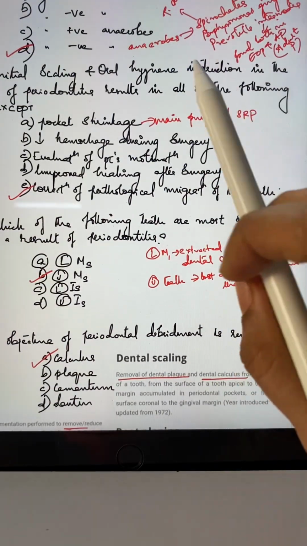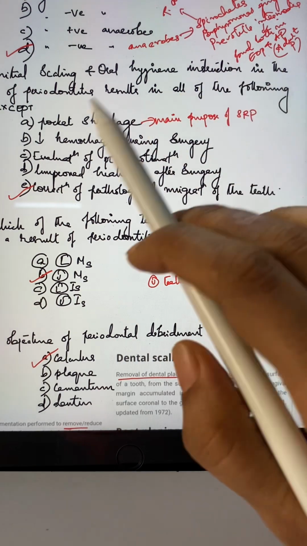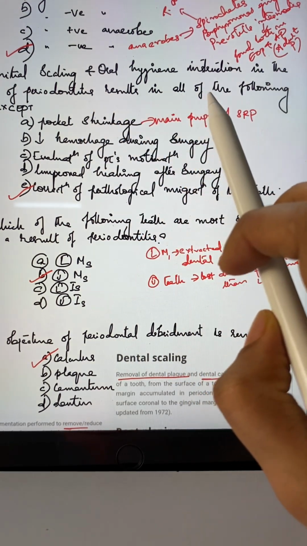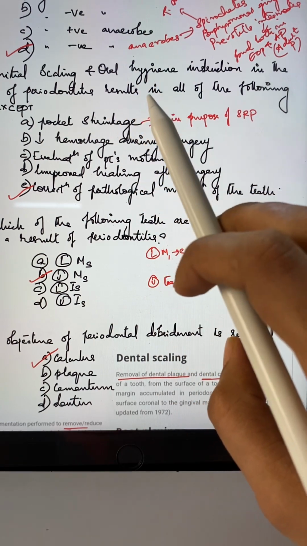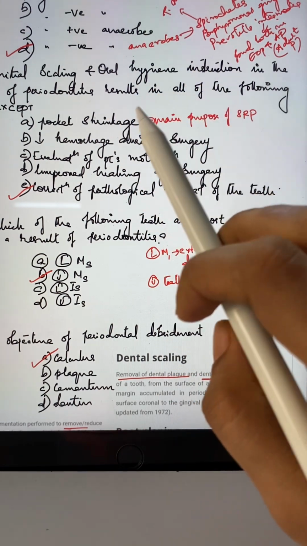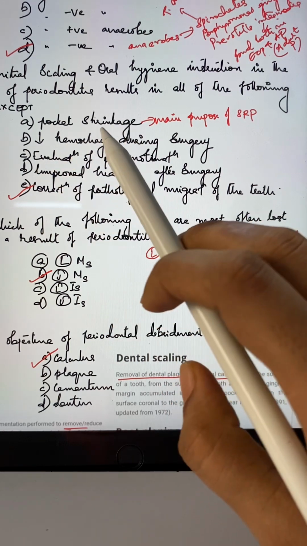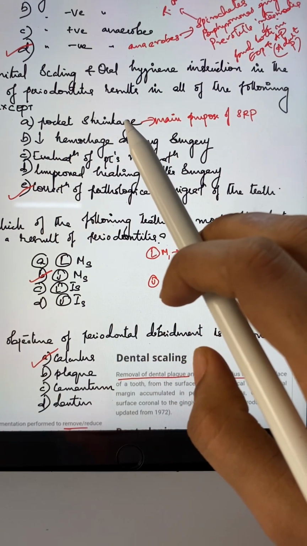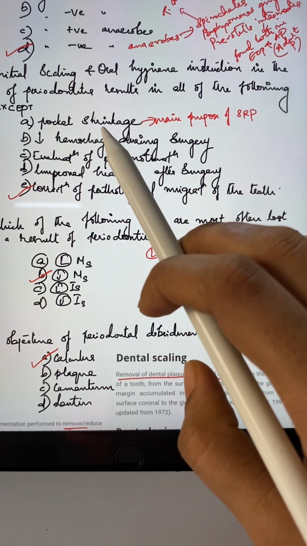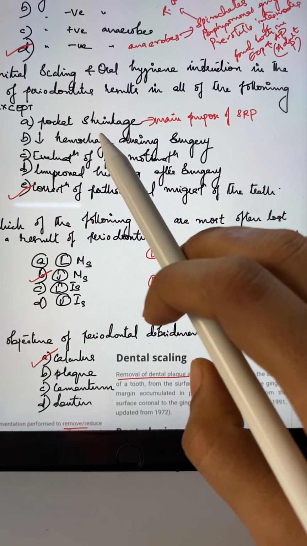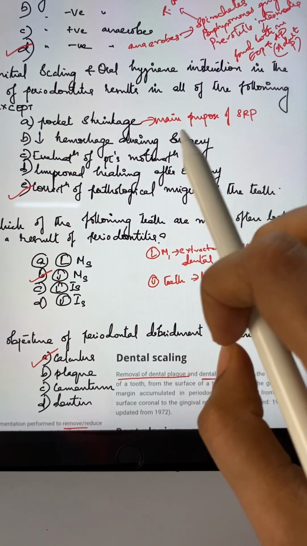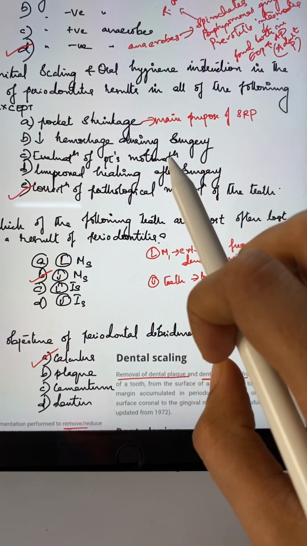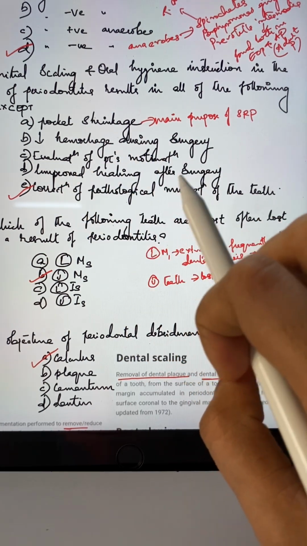Then, initial scaling and oral hygiene instruction in the treatment of periodontitis results in all of the following except. So after initial scaling and oral hygiene instruction, all these can happen: pocket shrinkage, that is the main purpose of SRP, then decreased hemorrhage during surgery, then evaluation of the patient's motivation, then improved healing after surgery.